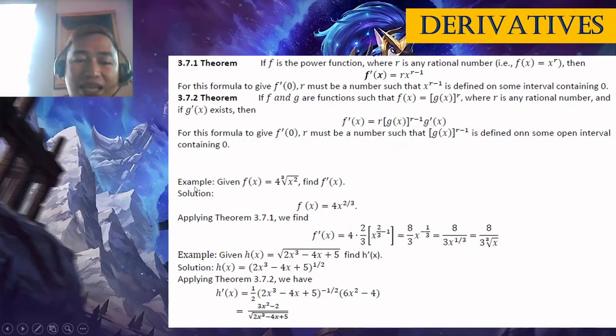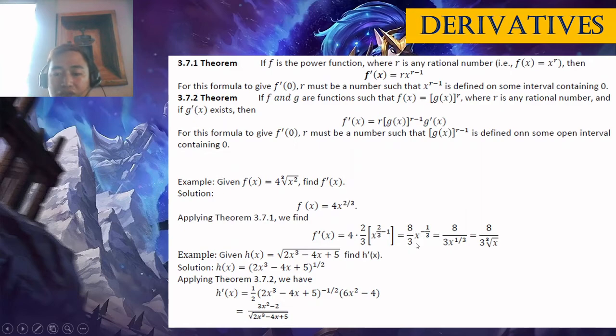Now example: f of x is equal to 4 times the cube root of x squared. If we write this as a fraction, the exponent is 4x to the 2/3. Okay. So what we do is multiply by r, then subtract 1. Since it is 2/3, we multiply 4 times 2/3, which is 8 over 3, and 2/3 minus 1 is negative 1/3.